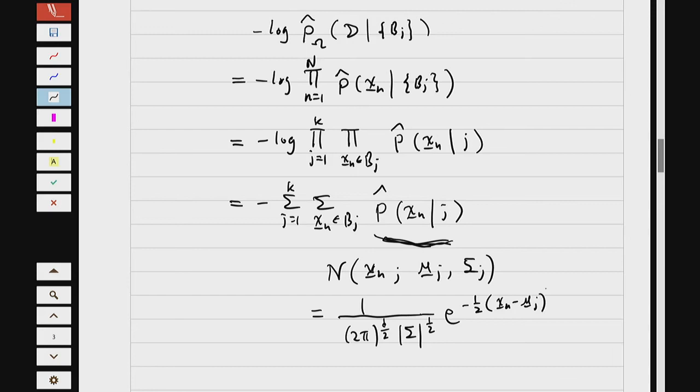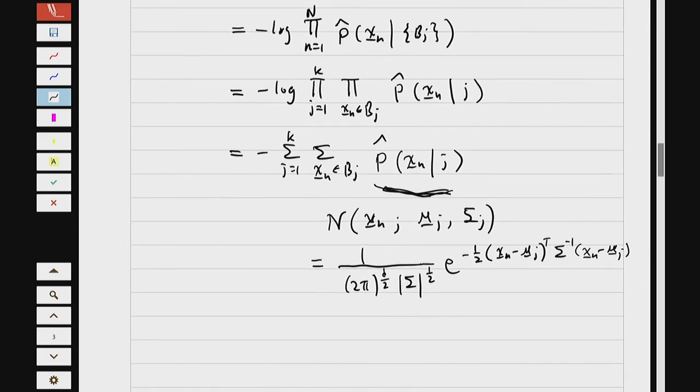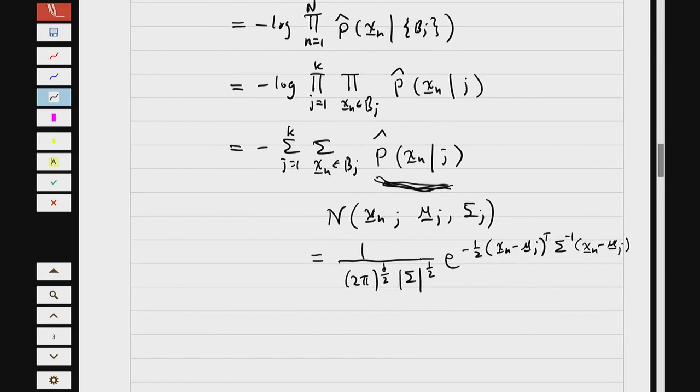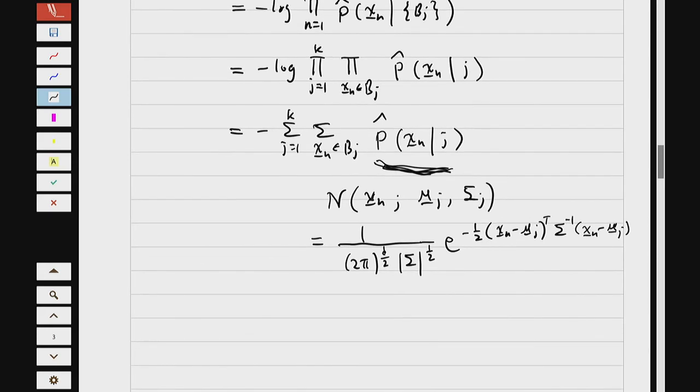It's a pretty symmetrical form, just the d-dimensional Gaussian PDF. That's what this p hat of xn given j is, given that j is a Gaussian shape, as we hypothesized. Therefore, for each j, we just need to minimize the above sum over mu j, sigma j. Just the sum above.